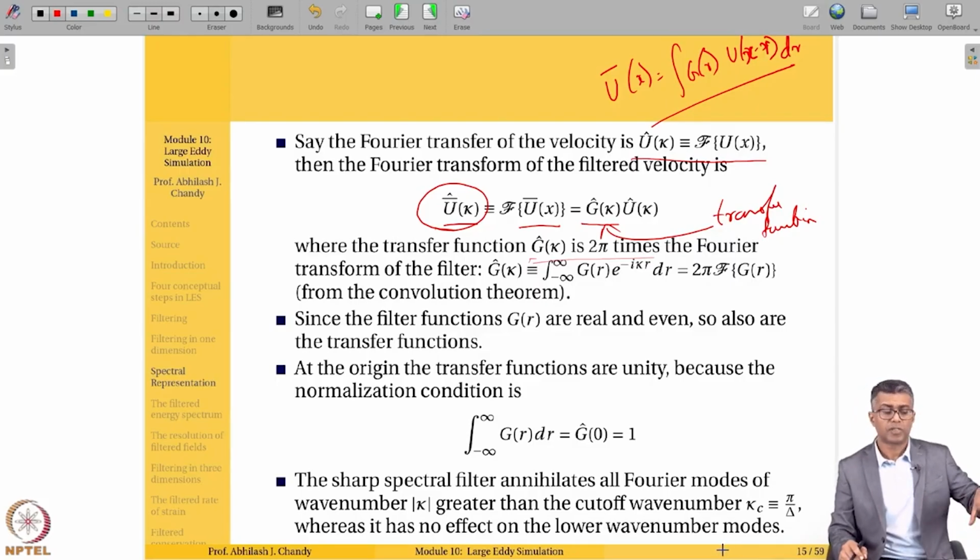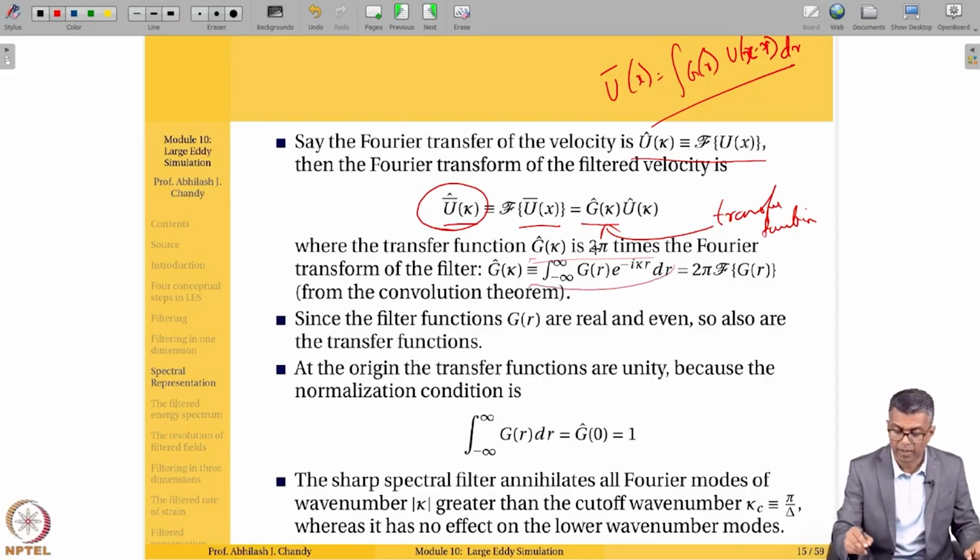Now remember, since g of r is real and even, so is the transfer function. Because g of r satisfies the normalization condition, the integral from minus infinity to infinity of g of r dr is equal to 1.